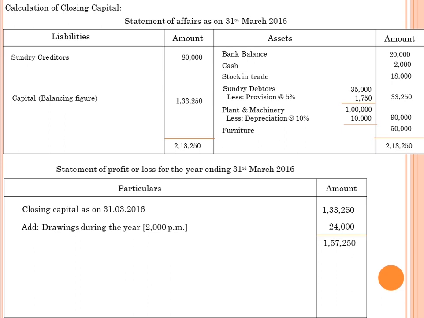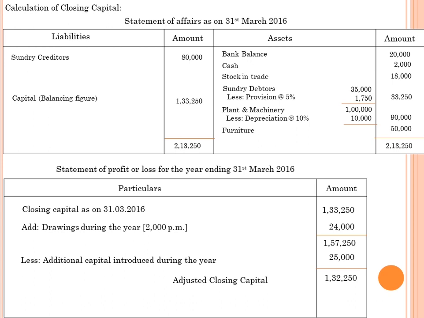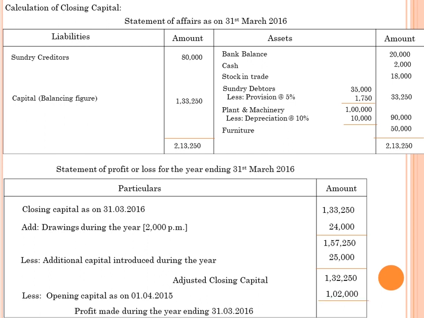Find the total: 1,57,250. Followed by less additional capital, given 25,000. You deduct it, and the balance we call the adjusted closing capital. How much? 1,32,250. Finally, we deduct opening capital 1,02,000. The balance we call the profit: 30,250. This is a very, very important problem for your exam.